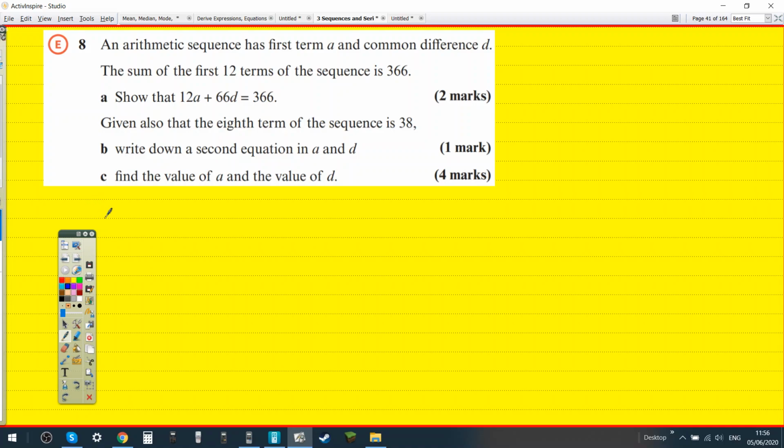I think that would be the 12th term. This is the sum to 12 terms. So this is the sum formula. So instead of it being like dn plus c, instead of it being the 12th term, it's the sum of the first 12 terms that gives you 366.